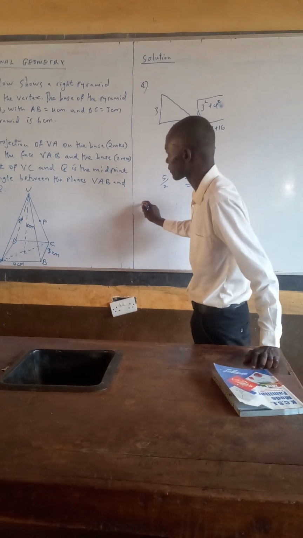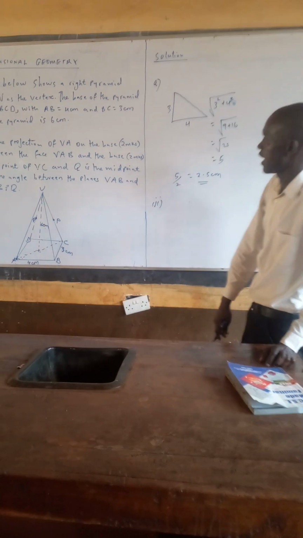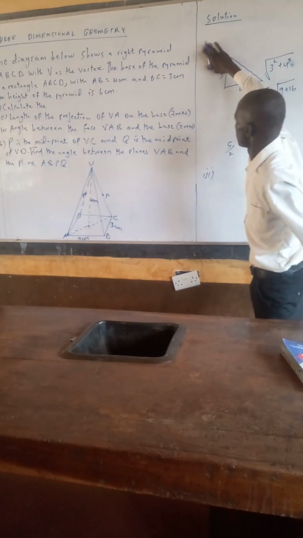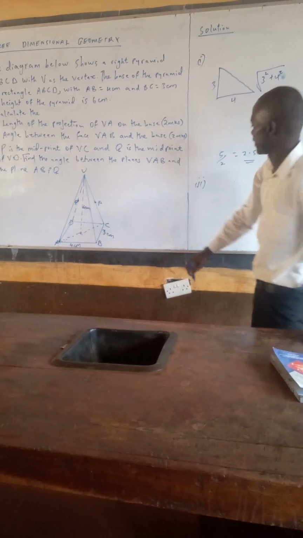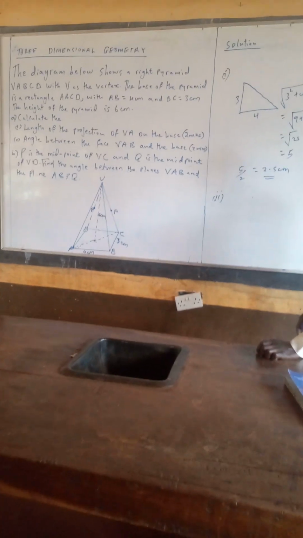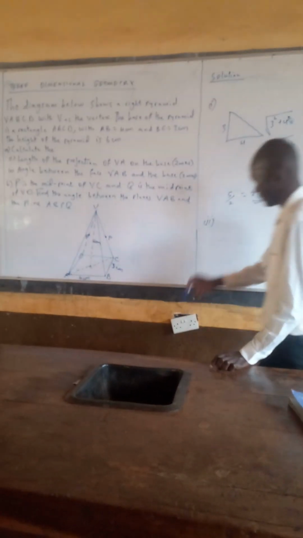When we go to part B, Roman 2 says: angle between the face VAB and the base. V is this one, A is this one, B, and that base.